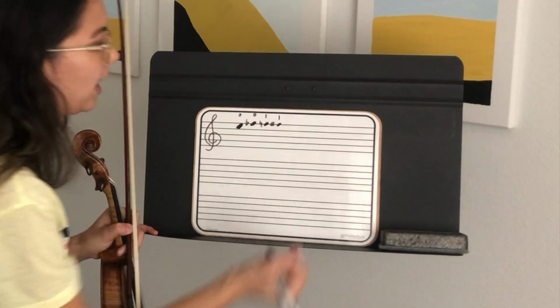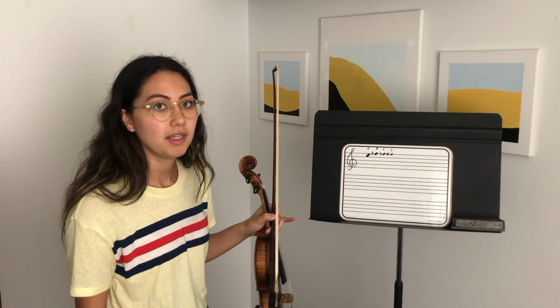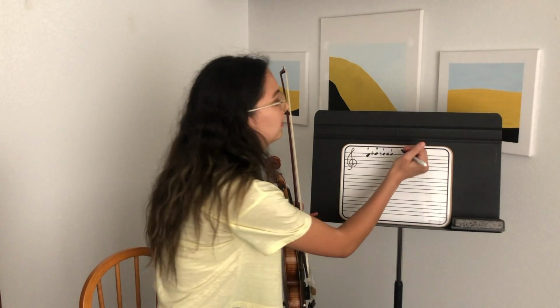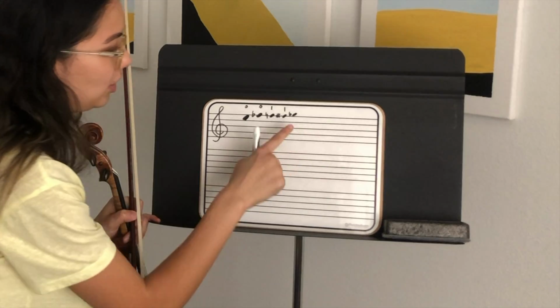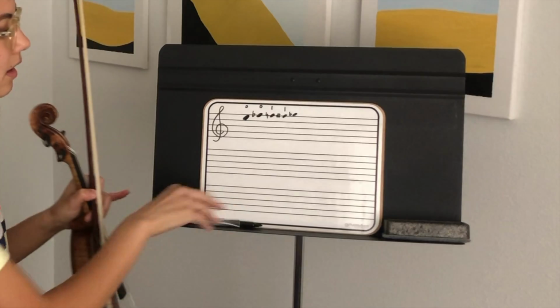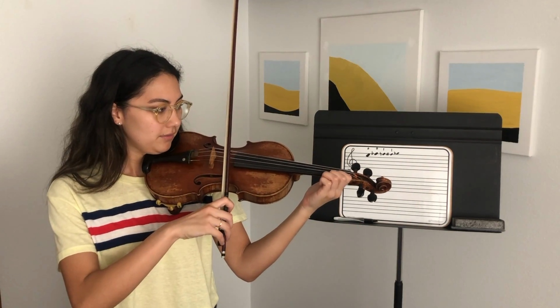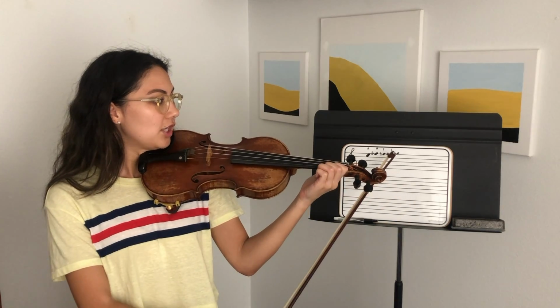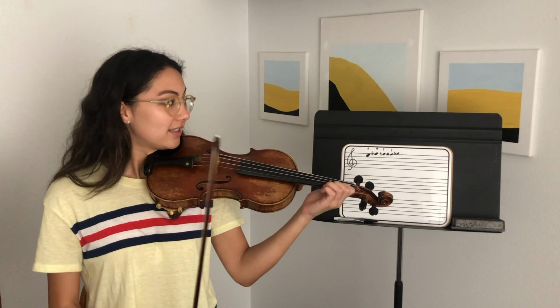So a little sharp sign, F sharp. But another name for F sharp is G flat. So flat sign and G flat like that. This note F sharp with your first finger, and then G flat sounds the same, looks different.